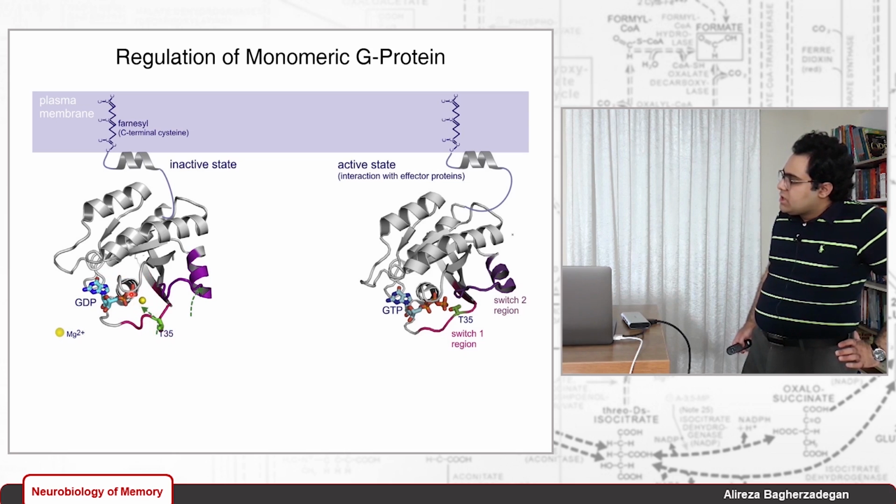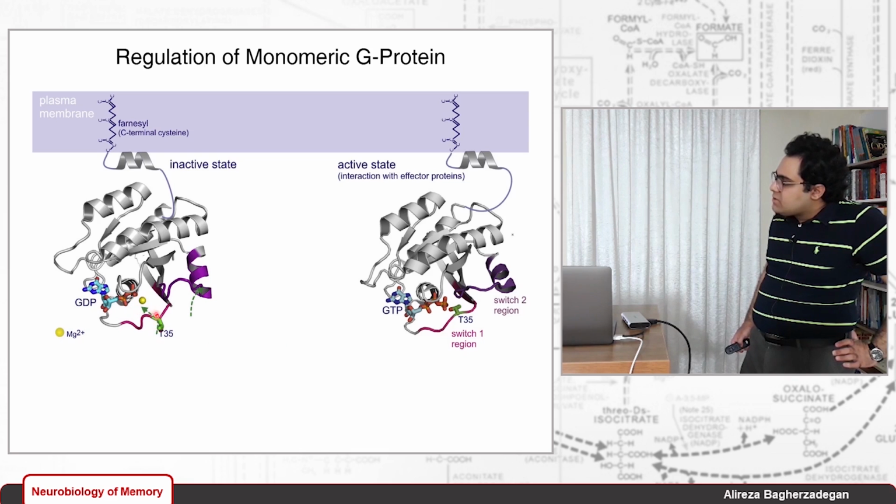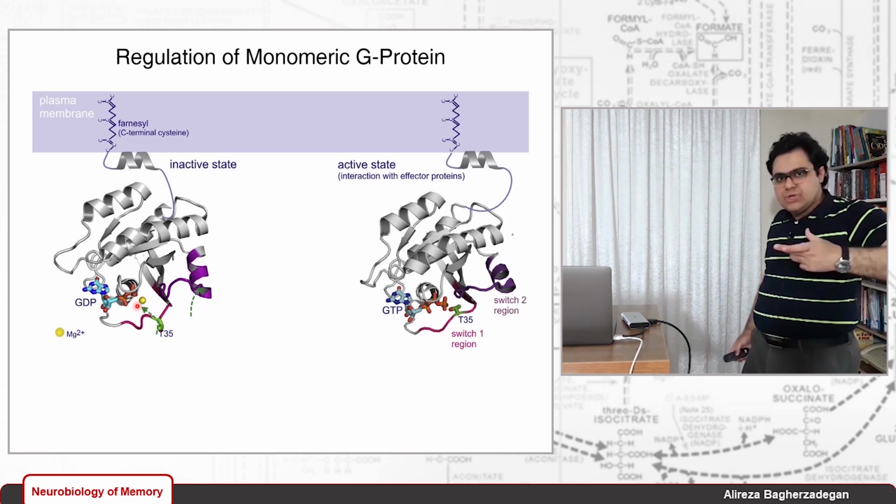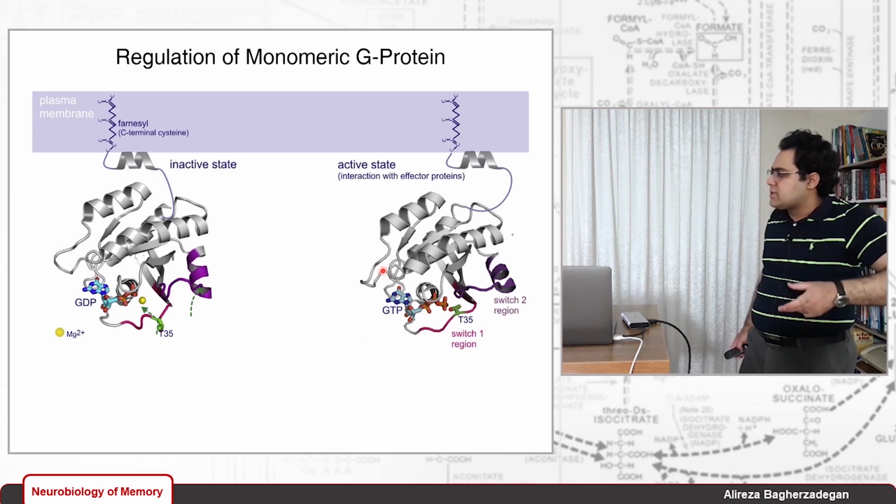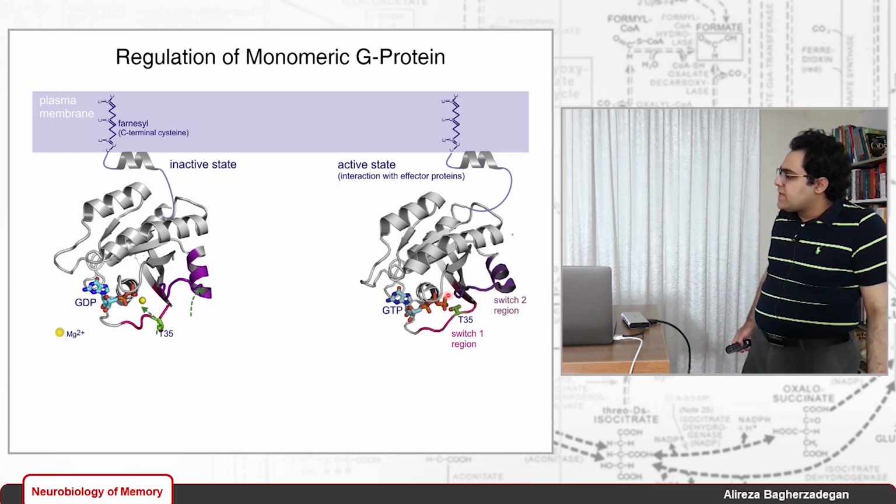It's far from the GDP. And look at this arrow. This arrow shows the conformational change which happens when GTP binds. When GTP binds, thanks to this gamma phosphate, or the third phosphate it has, it attracts and forms a bond with this threonine 35, and now look at the position of threonine 35.